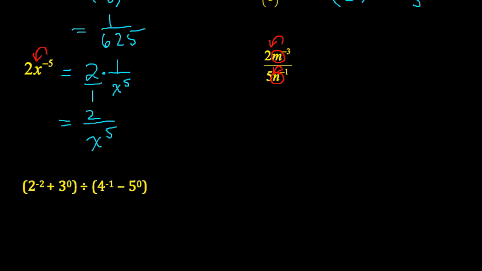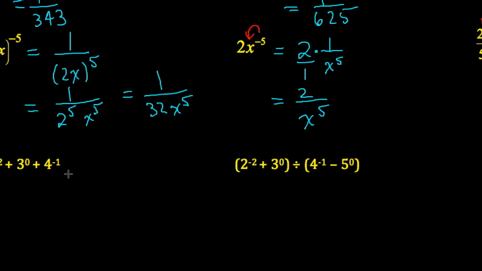This works very much the same way. The 2 and the 5 don't have any exponents on them. They stay where they are. But the m to the negative 3, because it's got a negative exponent, will come downstairs. And the n to the negative 1 with the negative exponent comes upstairs. And that's your final answer.